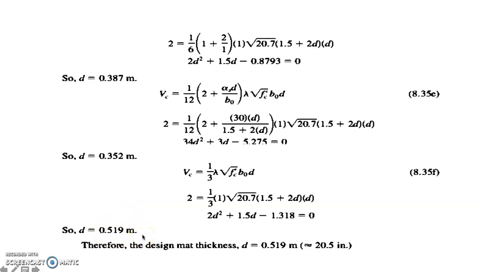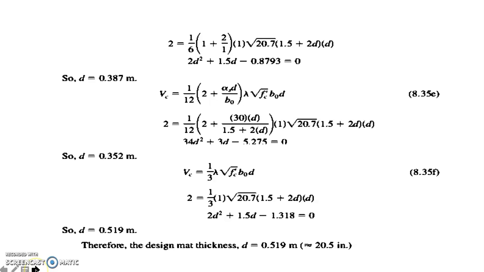So from here, you have 3 values for D. Since this is the design, the dimension that you're going to select here is the highest value. So our D is 0.519 meters.